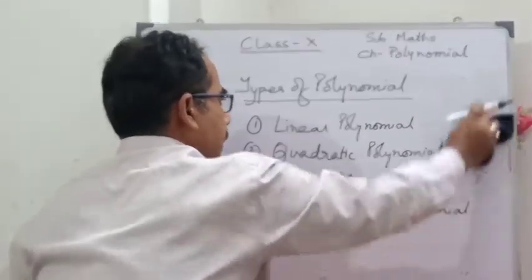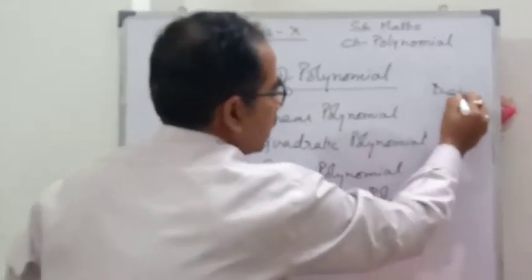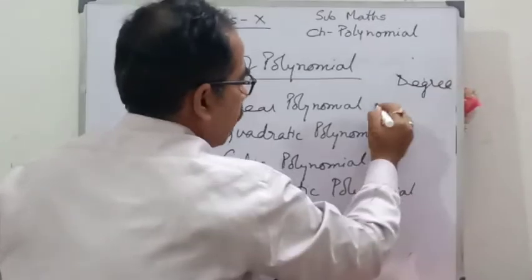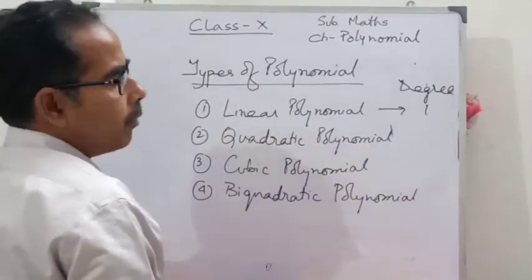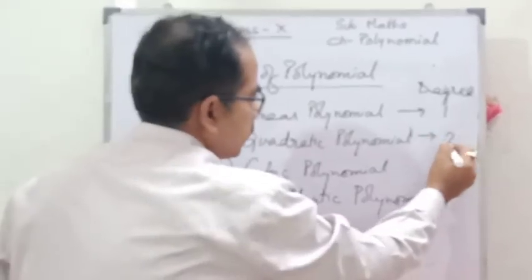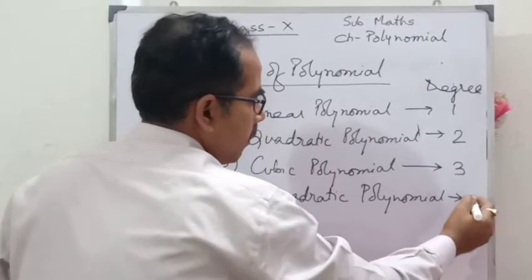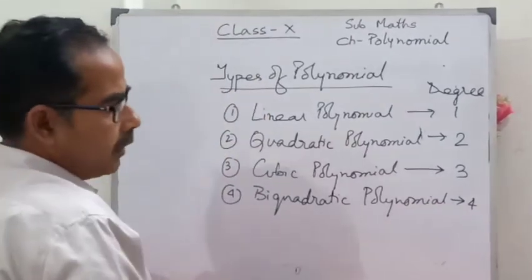Now come back. Linear polynomial means those types of polynomial whose degree is 1. Quadratic means whose degree is 2. Cubic means degree is 3. Biquadratic means 4. I hope it is clear now.